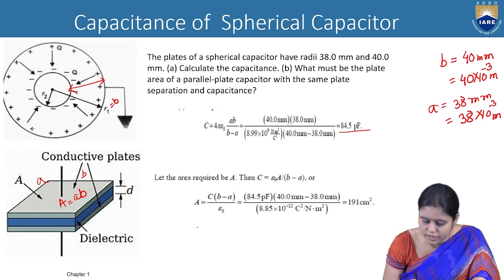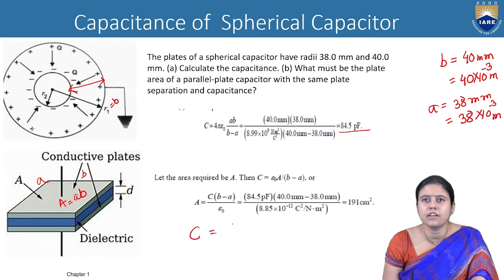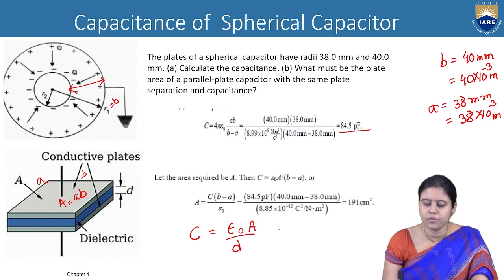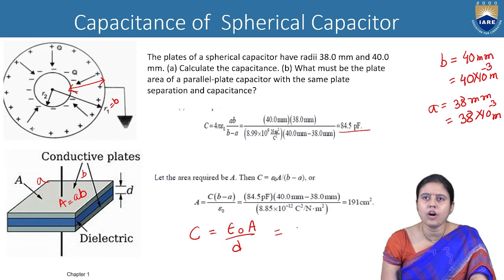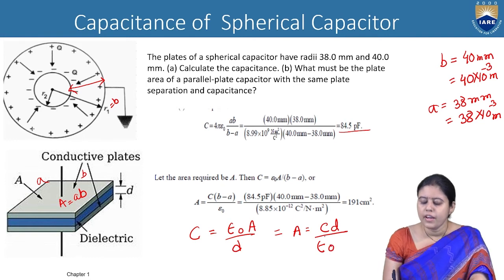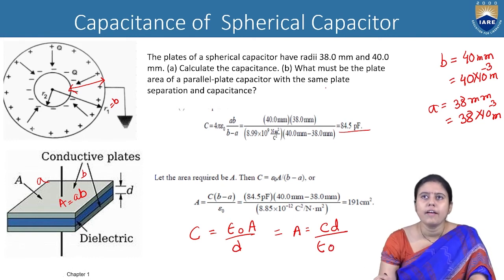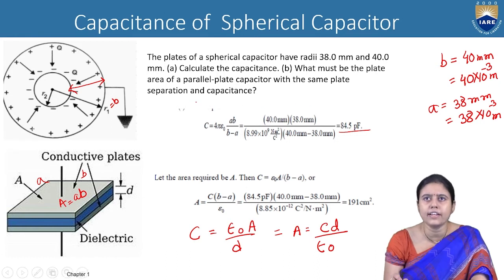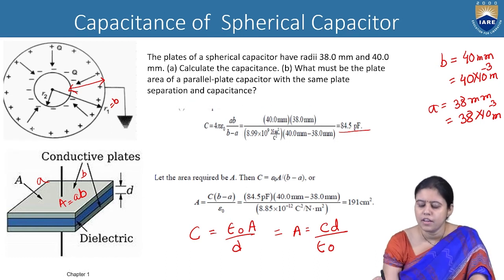We also know the formula: capacitance is equal to epsilon 0 A by D. So what is the value of A? A is equal to CD by epsilon 0. Now what is the value of C? According to the question, with the same plate separation and same capacitance, the capacitance value is 84.5 picofarad.